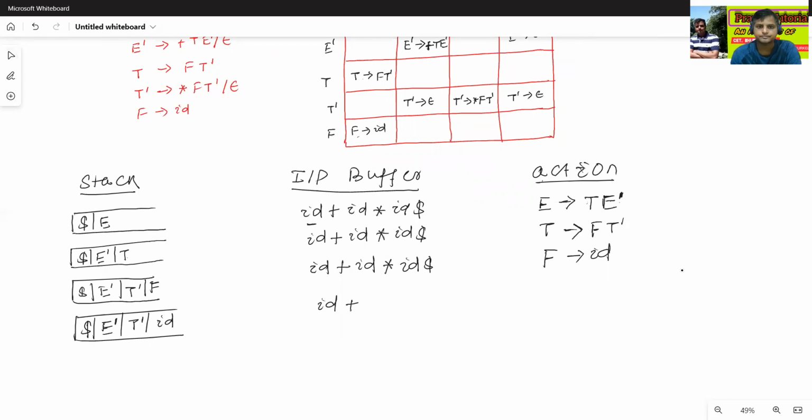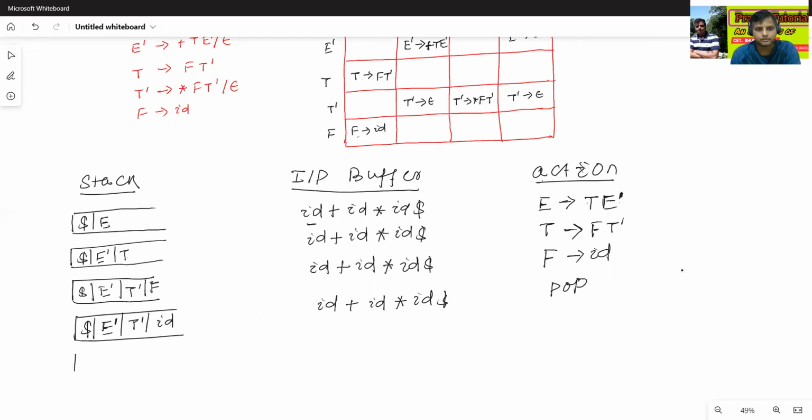Okay, so both IDs match. Since both IDs match, it means pop.